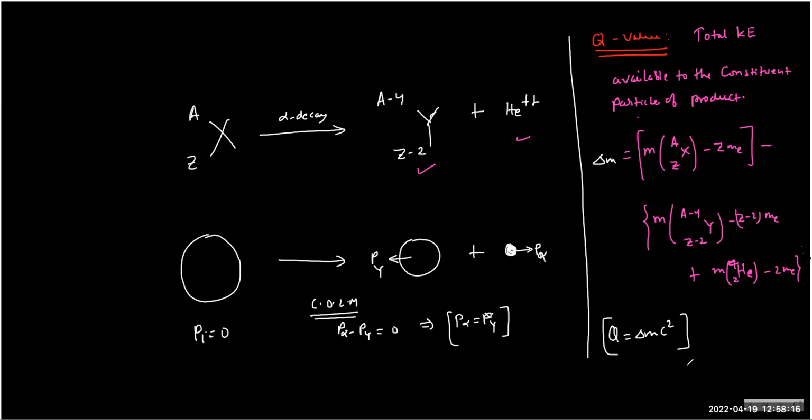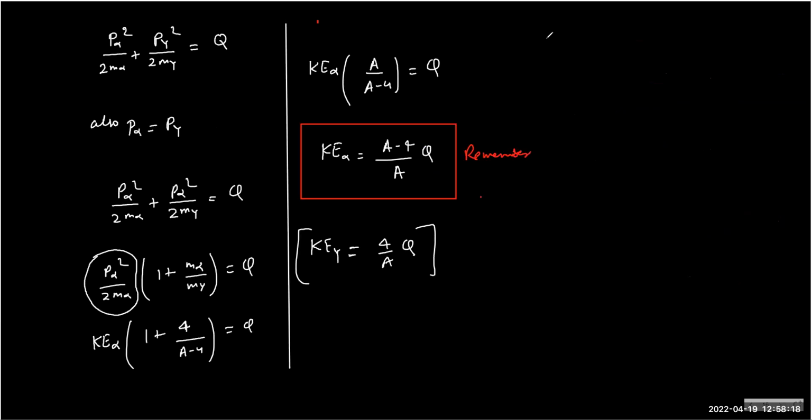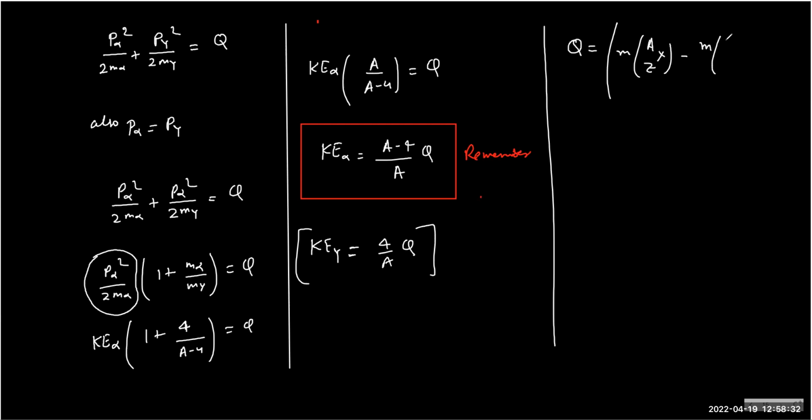So now, if you want, I can write here. The final Q value which you get is something like this: m of A X Z minus m of A minus 4 Y, minus m of helium 4 2.